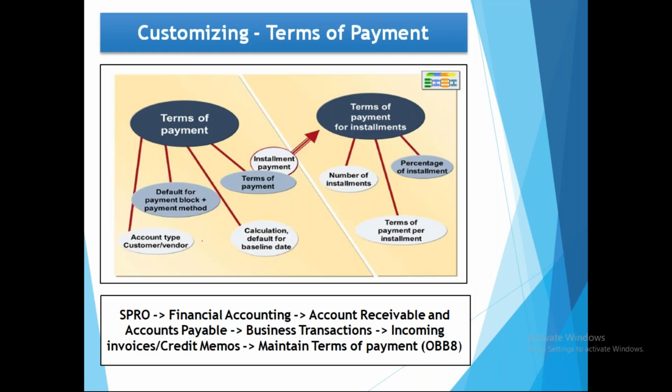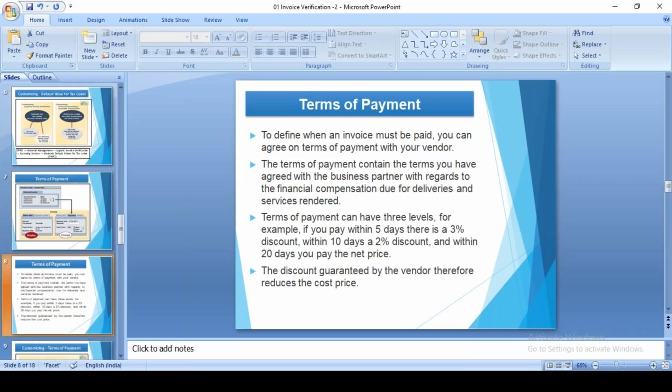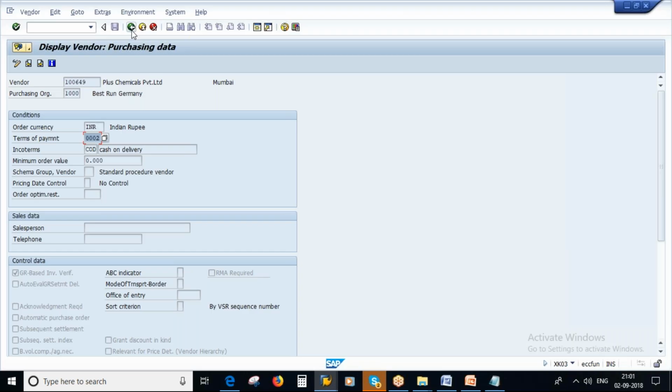The terms of payment are normally configured by the finance team, your FICO consultant, at transaction OBB8. That's why this configuration path is also in financial accounting. They will do that. Anyhow, I'll show this. Let's go to the configuration.